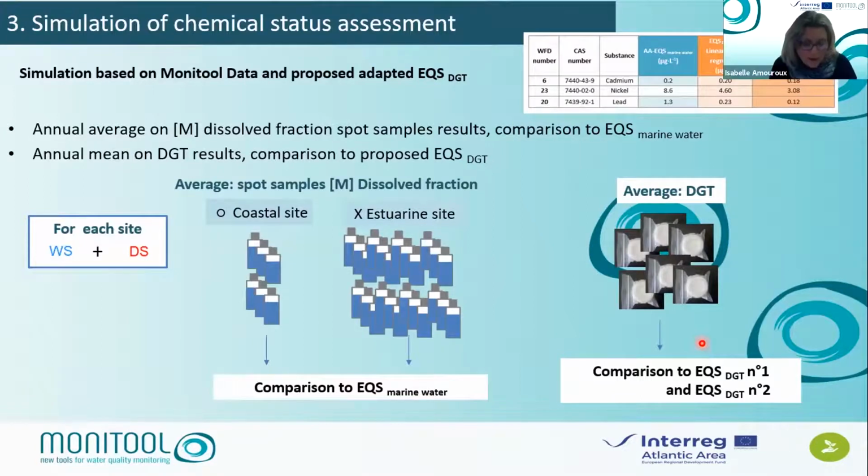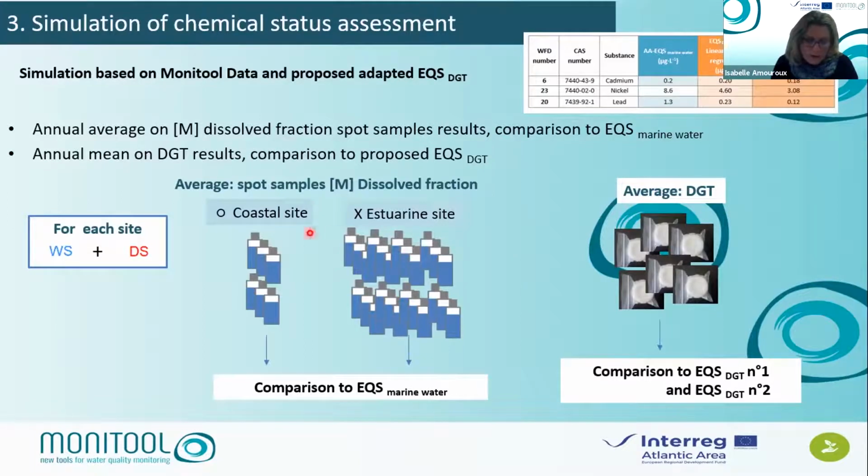In MONITOOL project, 2 seasons were considered, wet and dry season. Water spot sampling were carried out during DGT deployment. There were at least 3 samples for coastal sites and 8 for estuarine sites for each season.